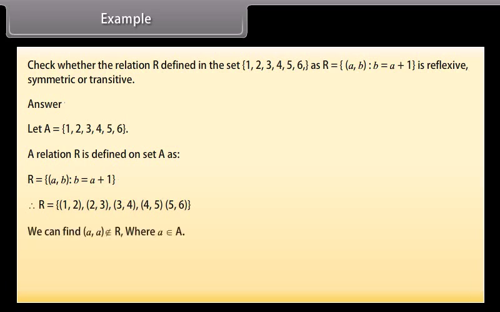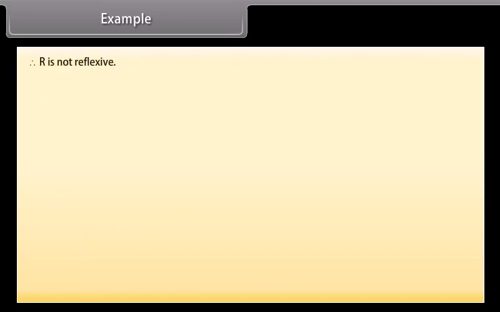We can find (a, a) does not belong to R where a belongs to A. For instance, (1, 1), (2, 2), (3, 3), (4, 4), (5, 5), (6, 6) does not belong to R. Therefore, R is not reflexive.